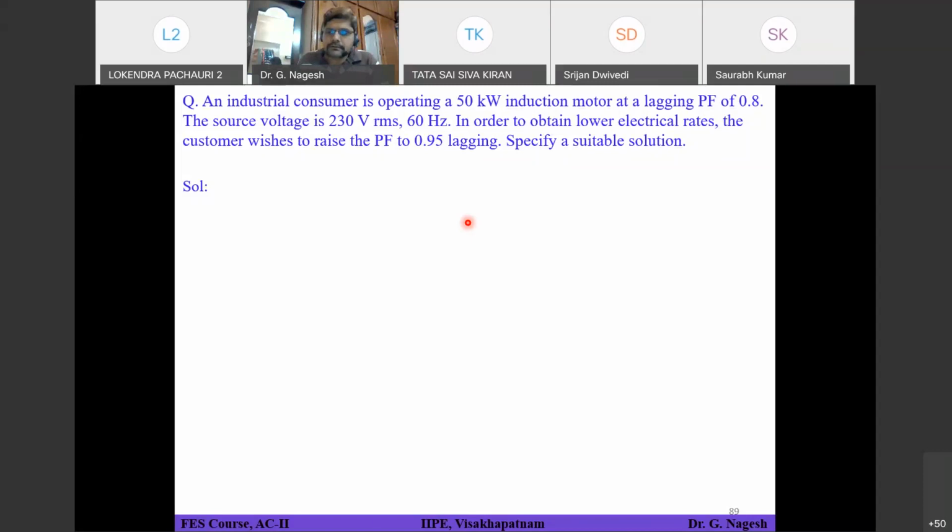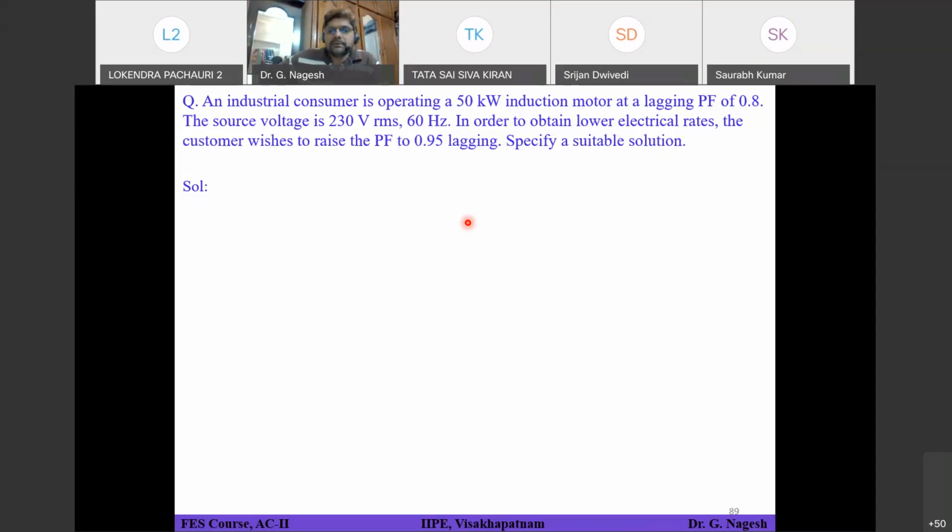See, it is pretty simple. Q1. Cos phi is R by Z. You have 0.8 here, so cos inverse of 0.8, you will get some angle. You know the angle.